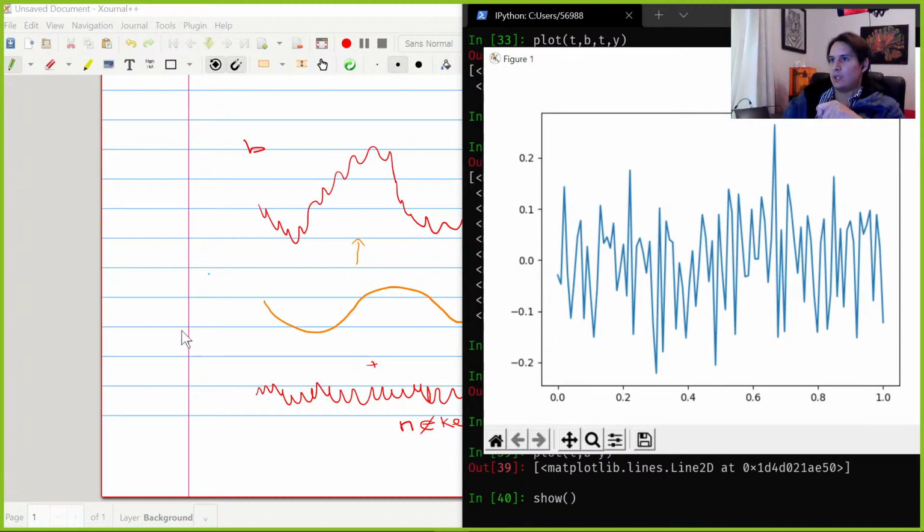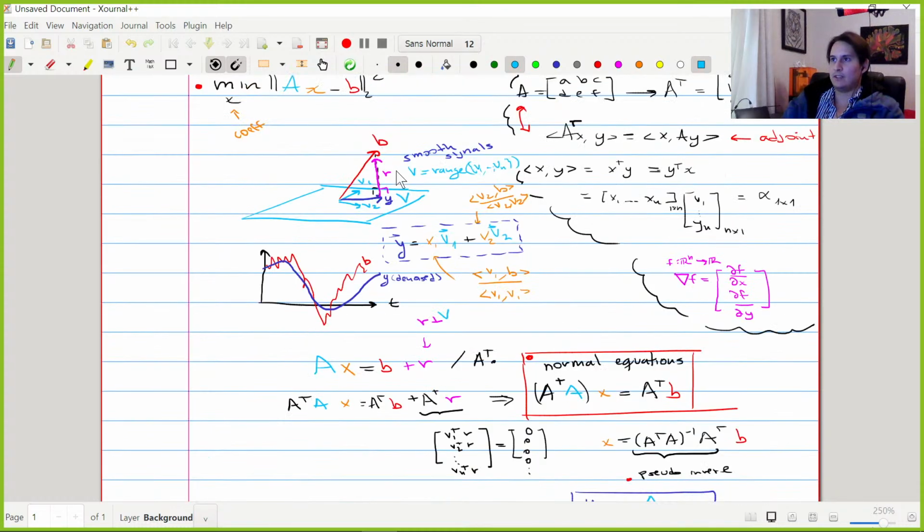What I'm showing here is exactly this R. So we have V, that is a noisy signal. We have R, that is only the noise. And Y, that is the noise-free signal. Just the error, or the residual as it is also called.